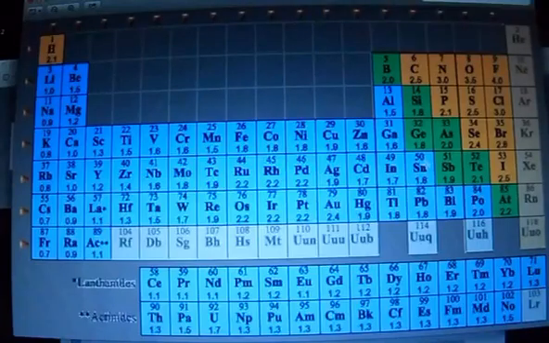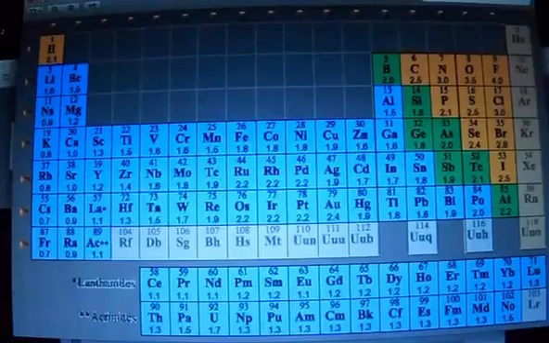So we can just write it how it is. We're in the fifth row, it's just 5s2, 5d10, and then we're only going this far because this is where tin is. So it's going to be 5p2.